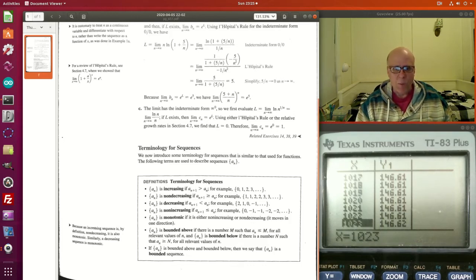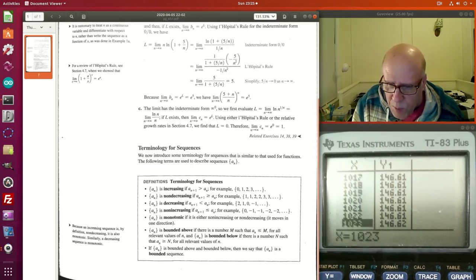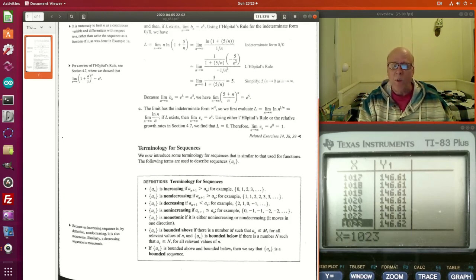We can also talk about bounds on a sequence. A sequence is bounded above if there is some number that's always greater or equal to the things. They've done this thing that I find annoying, is putting the quantifier after the thing. So for all n, a sub n is less than or equal to m would mean m is an upper bound, or the sequence is bounded above by m.